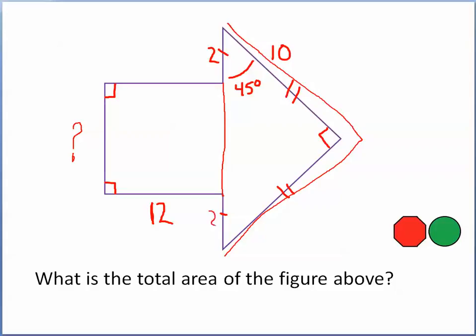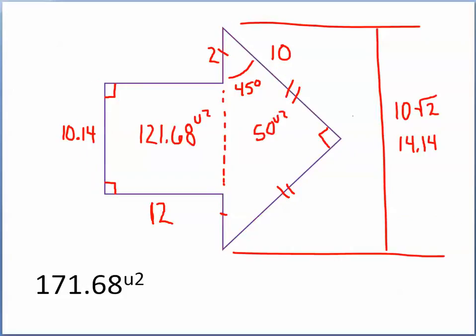And if this is 2 and that is 2, we know that they're the same because these lines show that they are the same. So that means that this length right here minus 4 is going to give us this length right here. And if we did that, we would find that this length right here is going to be 10 times the square root of 2, or 14.14, rounded to 2 decimal places.